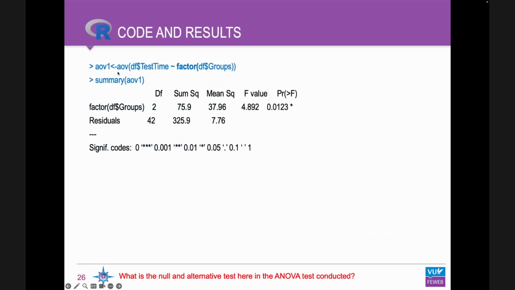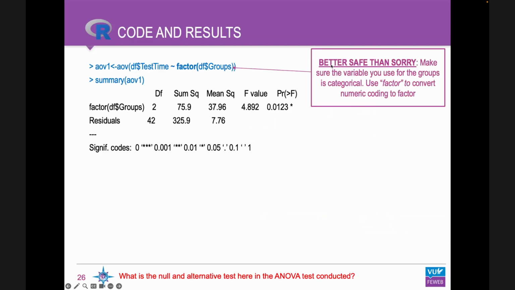For ANOVA, we use the aov function in R. In this data set, the time spent to complete the task is recorded in the test time column, and then we have a groups column again. Note that we again have the factor. This is a warning to make sure that you use factor for the grouping variable, so that R records this as non-metric.